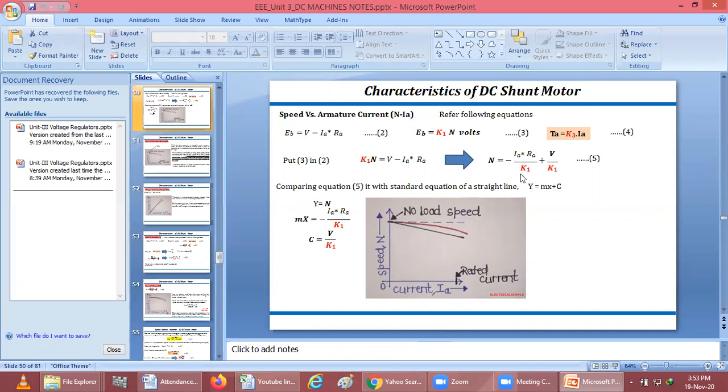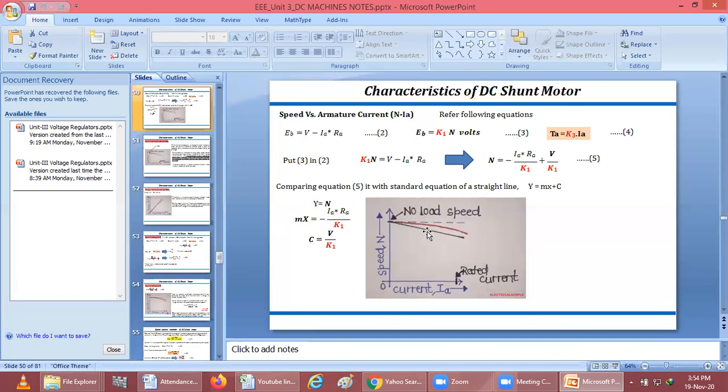So you can rearrange that equation in the form of y equal to mx plus c. Here y is nothing but your N, c is nothing but this constant term V upon K1, and mx is nothing but minus Ia Ra upon K1.